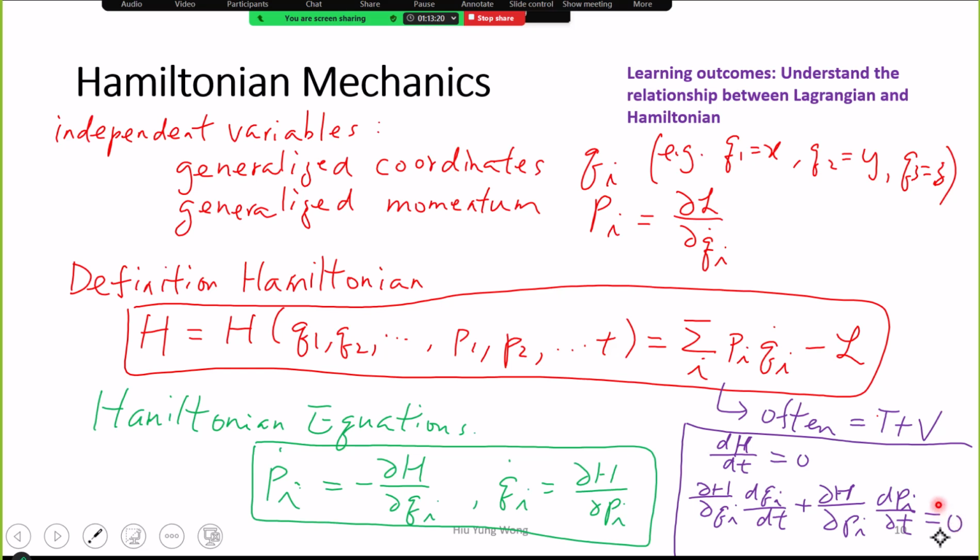If this one equals the negative of this, and this one equals this, then add them together, you will get 0. So there are different choices, but they came up with this. That is one of the origins. In some formalisms, maybe the negative sign is placed elsewhere, but this makes more sense if you go through the math.